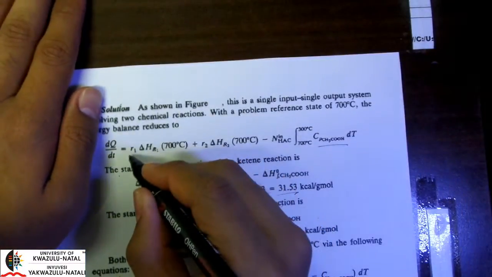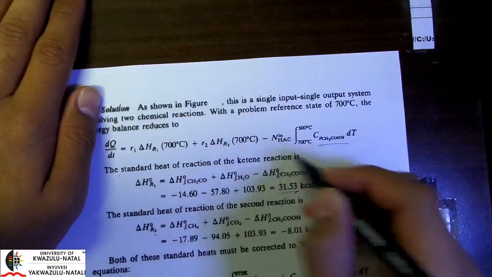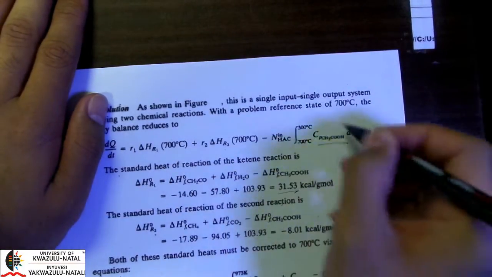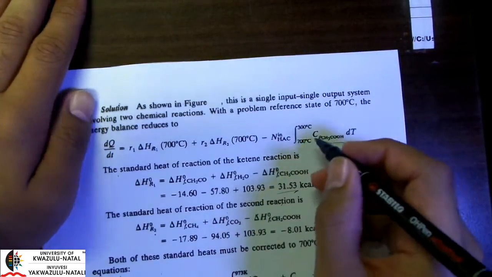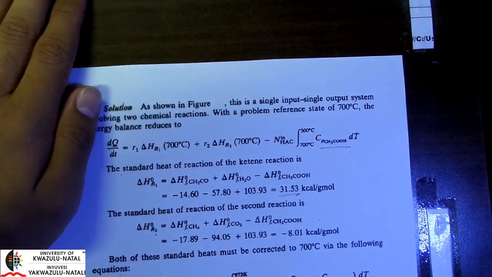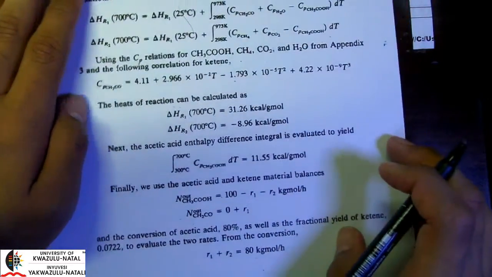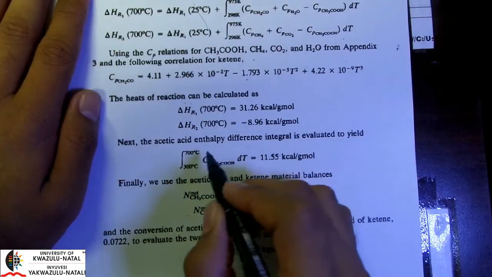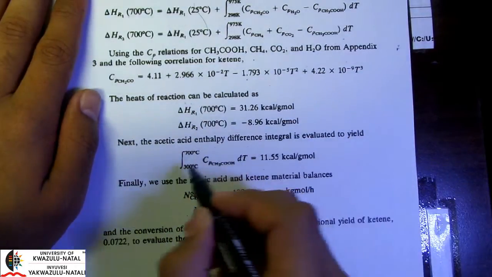Okay, so that will handle these 2 terms. Now I need to evaluate this integral here, and that's also evaluated by retrieving my heat capacity coefficients. Okay, so the acetic acid enthalpy difference can be evaluated.